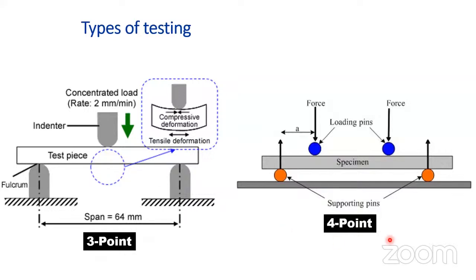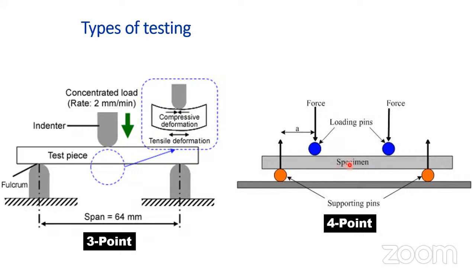Similarly, you can observe 4 point bending here. What happens in 4 point bending? These two stationary points are there, and two moving points are shown in blue. At these 2 points we apply force in a downward direction to bend the specimen.